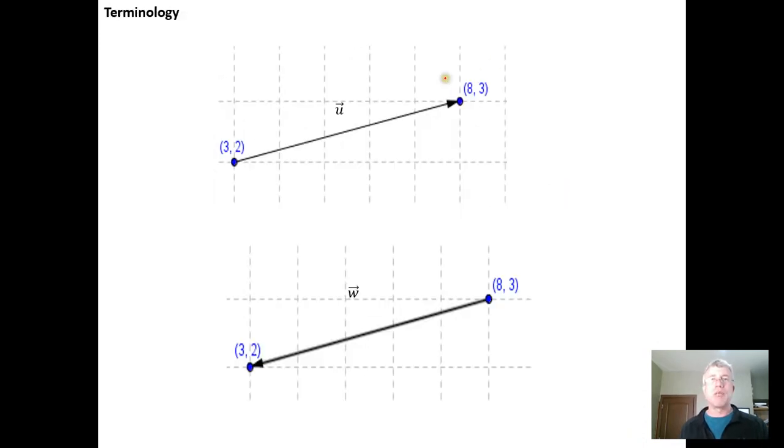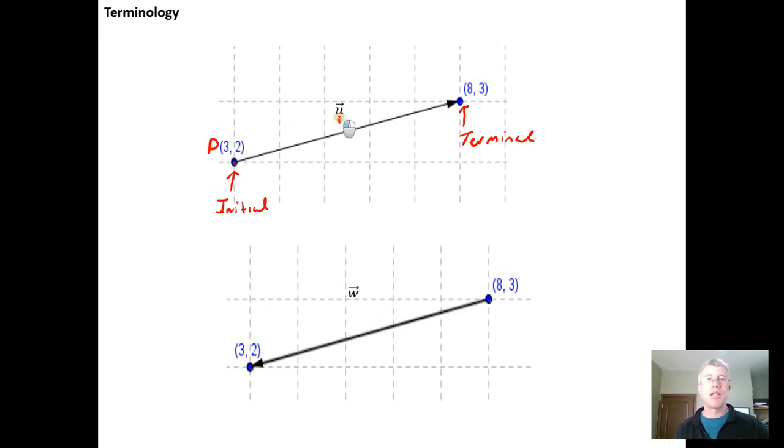When we're working with vectors, like I mentioned a little bit earlier, the point where you start the vector from is your initial point. And the point where the vector ends is the terminal point of the vector. And then if we give the points, the initial and terminal points, names, let's say we name the point P, and the convention in geometry is to give points in the plane capital letter names.